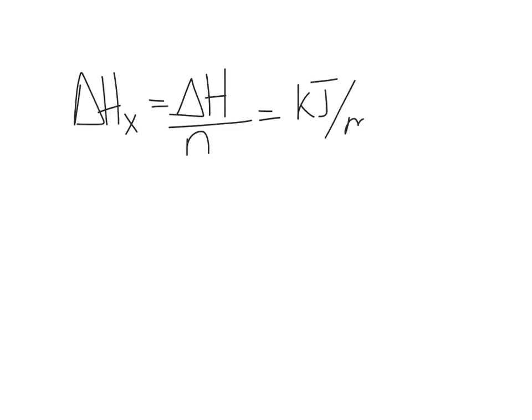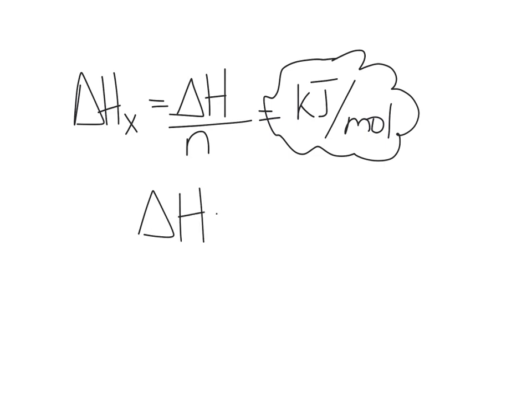So if you're given data and you see the units, kilojoules per mole, that is the molar enthalpy. To figure out how much energy is released, you have to multiply it by the number of moles to figure out the quantity of energy released for the specific quantity involved in the reaction.